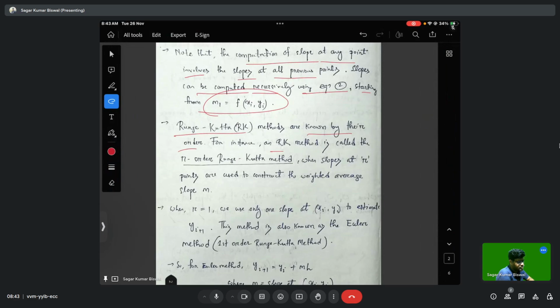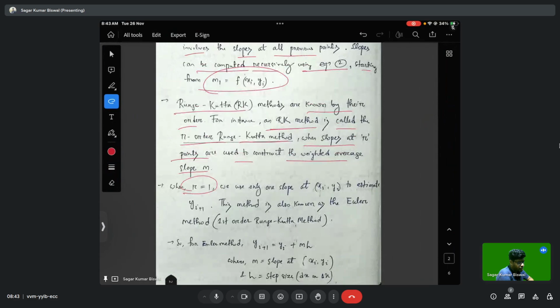For instance, this RK method is called the r-order Runge-Kutta method when slopes at r points are used to construct the weighted average of slope m. When r is equal to 1, we use only one slope at point xi, yi to estimate yi plus 1. This method is known as the Euler method, and this is also the first order Runge-Kutta method.